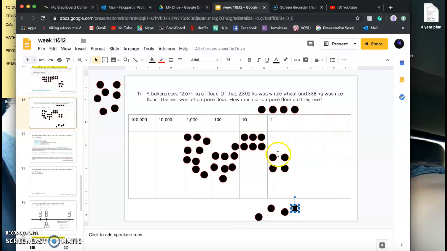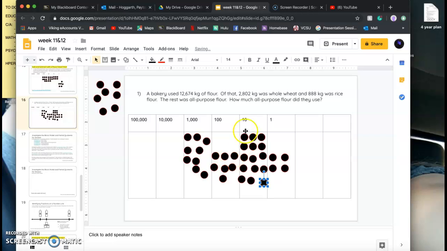The next I have 6. I need to take 8 away again, but I cannot do that. So I'm going to take 1 away from the 100s and add 10. 2, 3, 4, 5, 6, 7, 8, 9, and then 10.